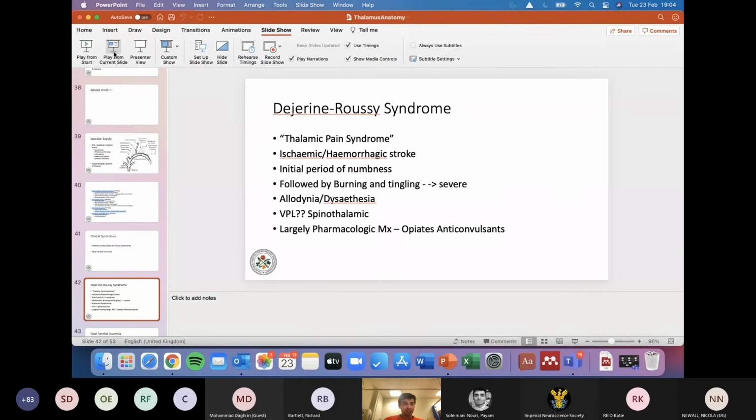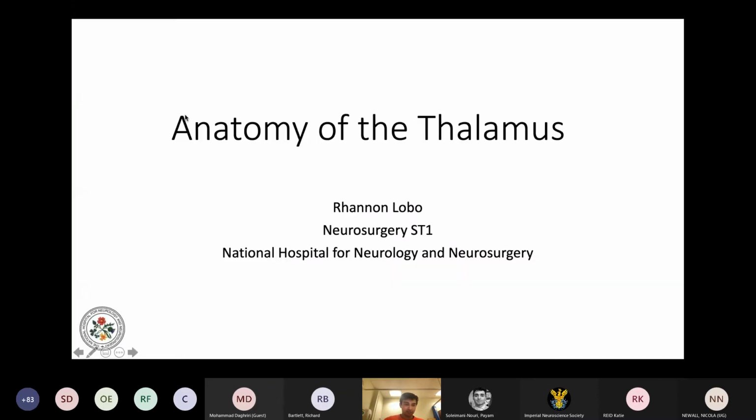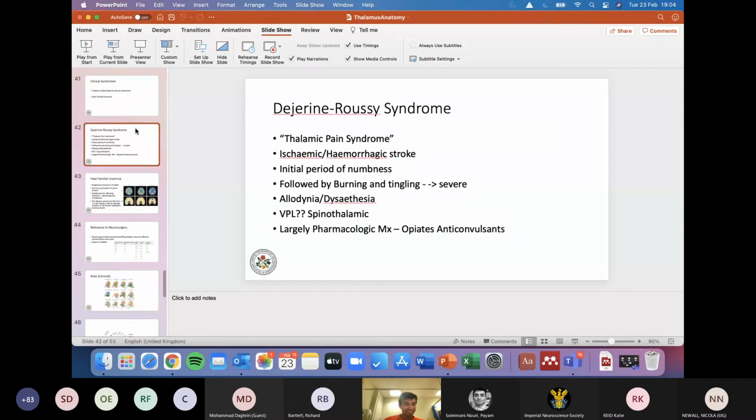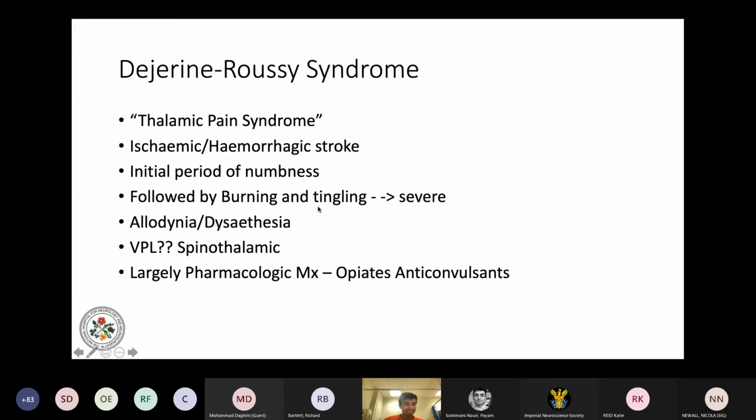And dysesthesia is finding things painful which you otherwise would not find painful. So based on this, we believe the ventral posterolateral nucleus may be causative, as it involves the spinothalamic inputs.